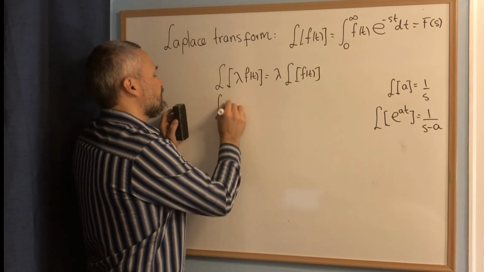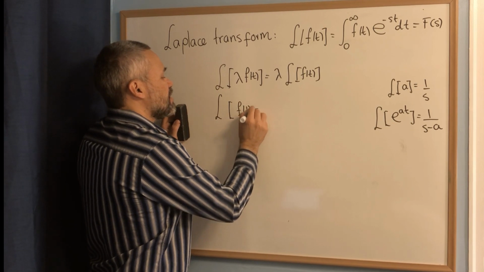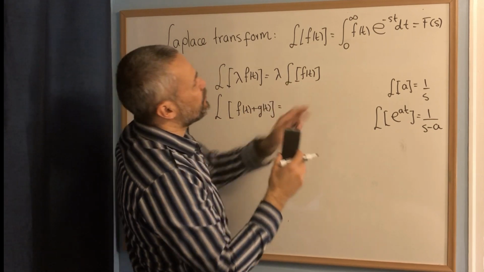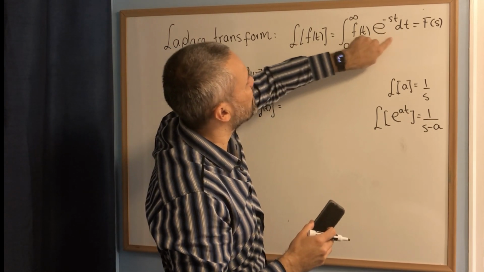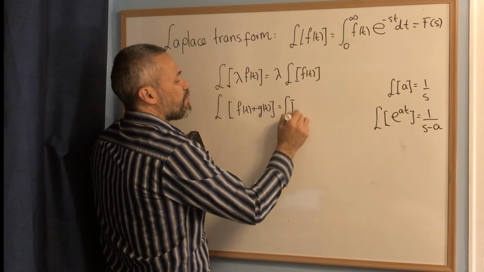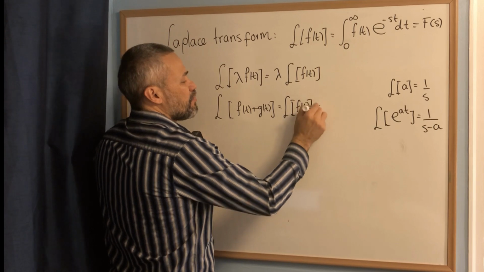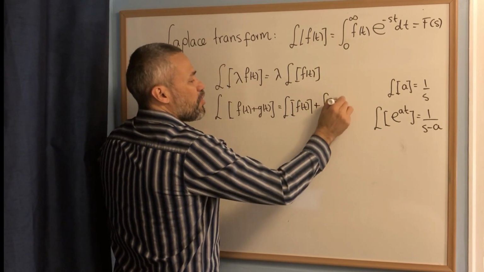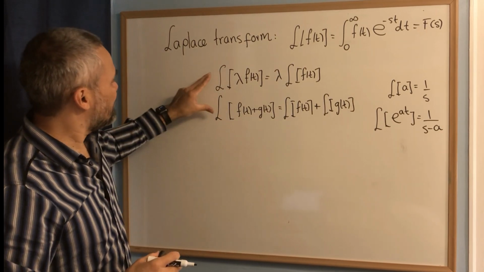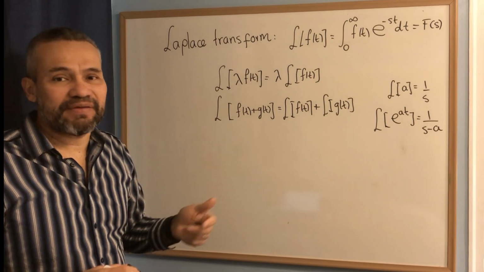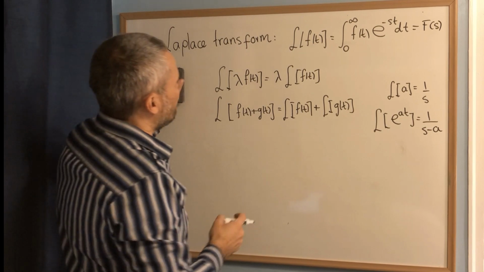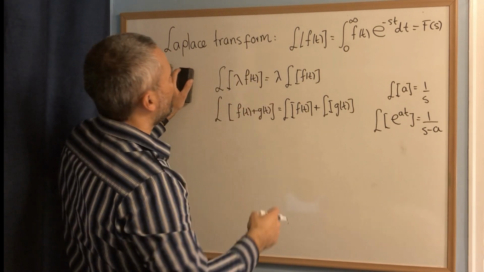Also, if you consider the sum of two functions, f of t plus g of t, then the Laplace transform of the sum, if you write it down, you have the distributive property, and it's not difficult to check that you end up with the Laplace transform of f of t plus the Laplace transform of g of t. Then, in that sense, taking the Laplace transform is similar to the derivative. The derivative of a sum is the sum of the derivatives, and the derivative of a number times a function is the number times the derivative of the function.